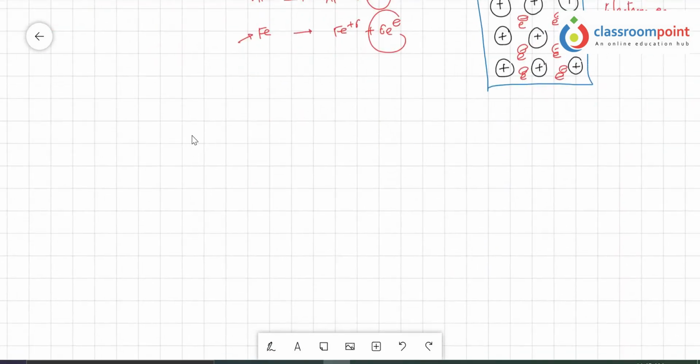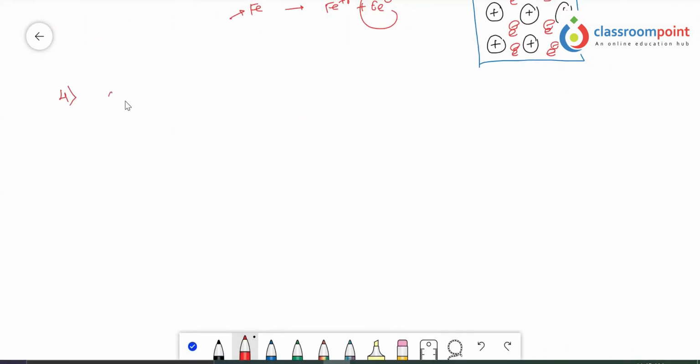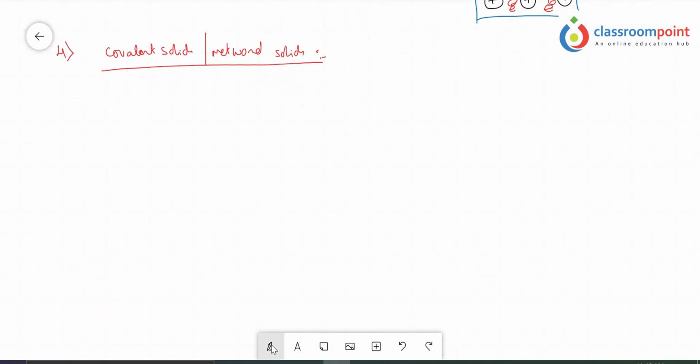And the last one, the fourth one, is covalent solids or network solids. Now let us see what covalent solids mean and how they are formed.